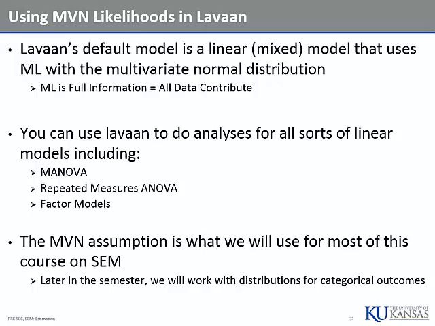Multivariate ANOVA, for instance, if you've taken multivariate, you may see that actually can be done in lavaan. Repeated measures ANOVA, did you ever get to that in your linear models class? That's one of these things. You can get the same results with lavaan for repeated measures that you could have gotten in SPSS with the repeated box. Factor analysis, confirmatory factor analysis models show up there.